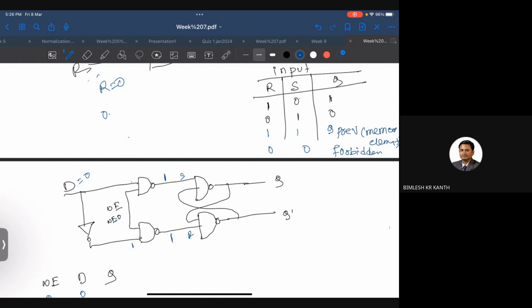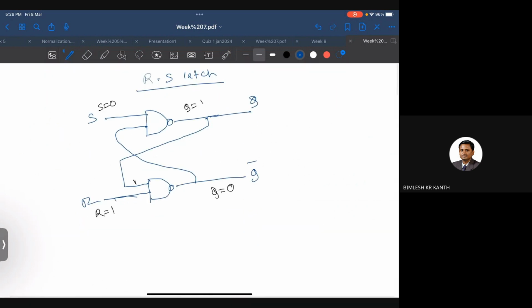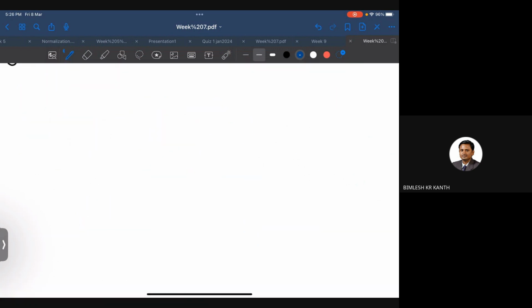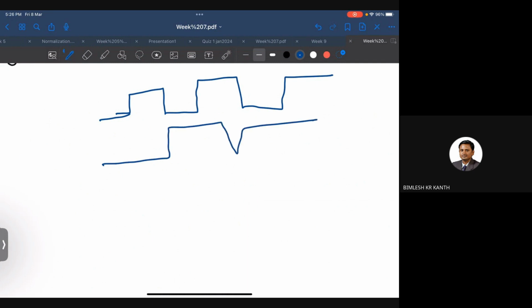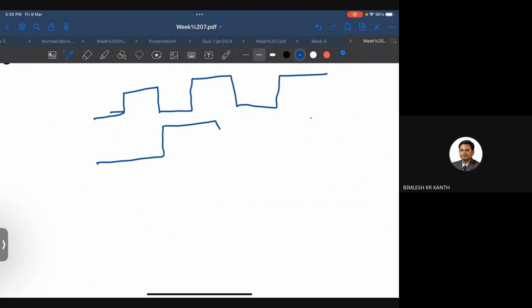Suppose this is the D, and suppose this is the Q. Suppose this is the write enable, and this is the Q, not the D. This is the D, right?